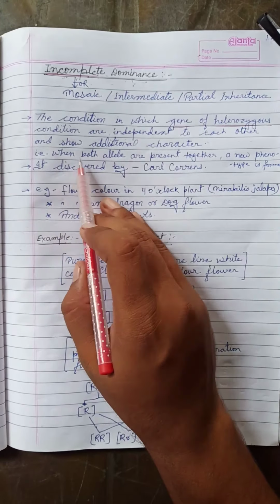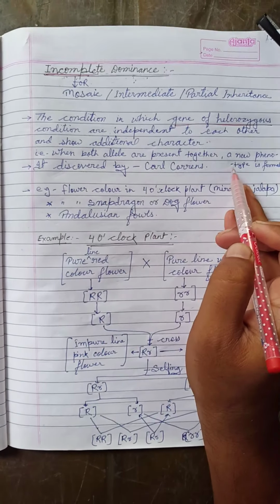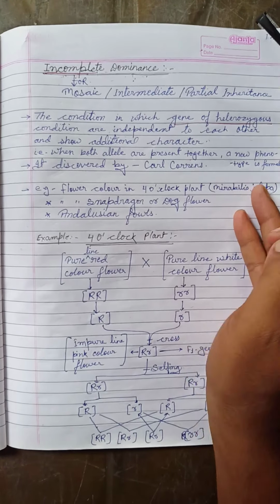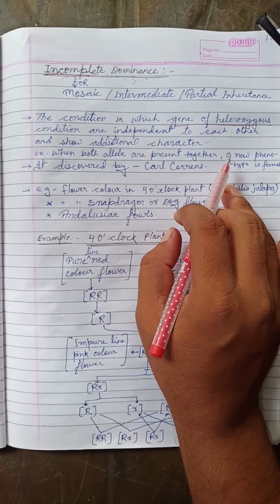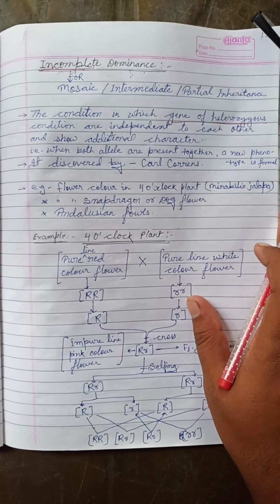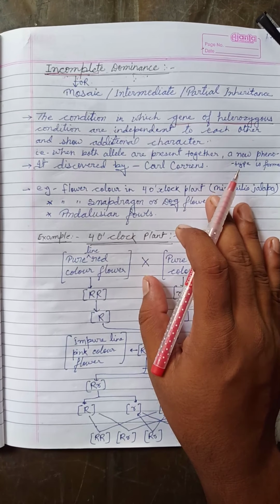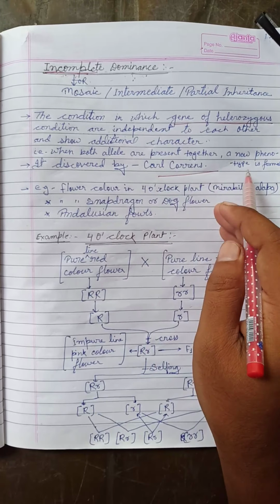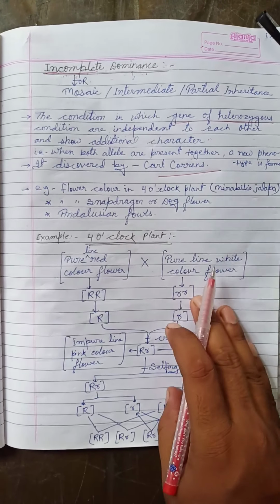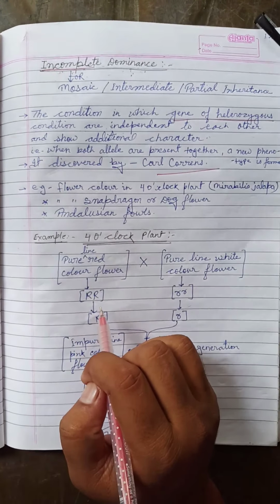When both alleles are present together, a new phenotype is formed. Now look at some examples of incomplete dominance.